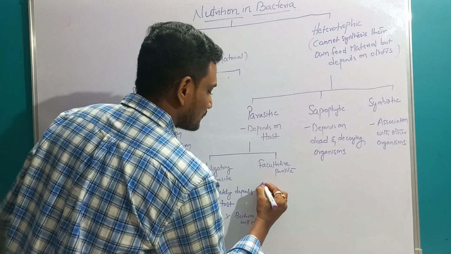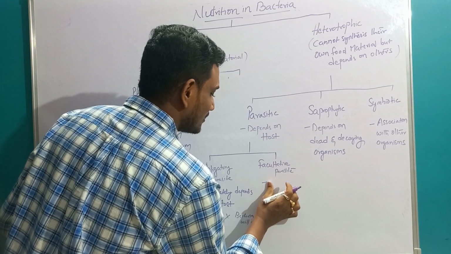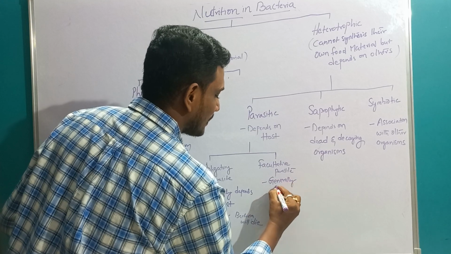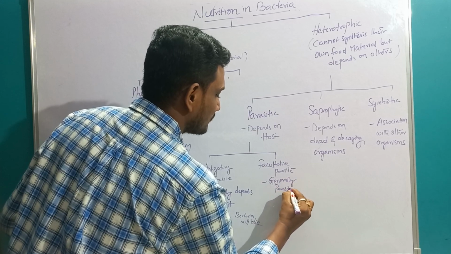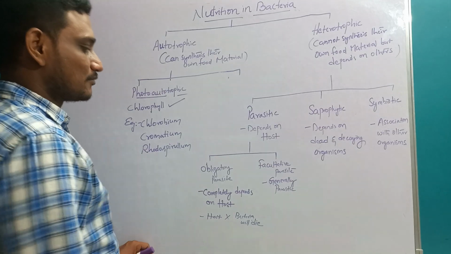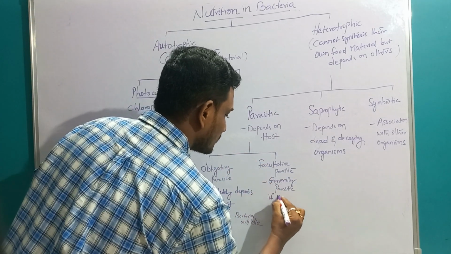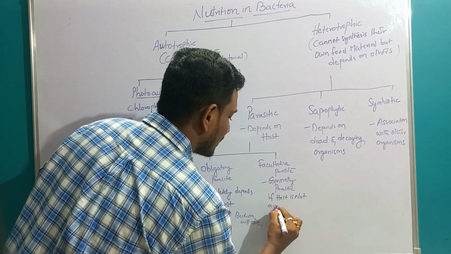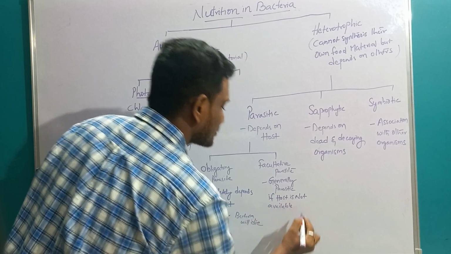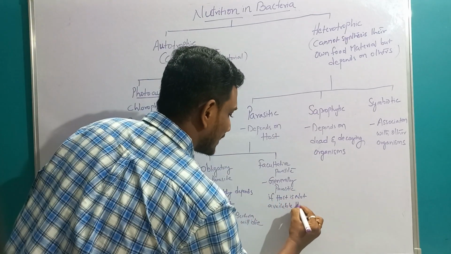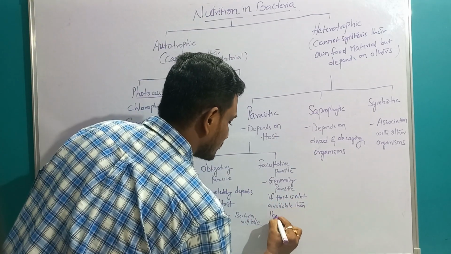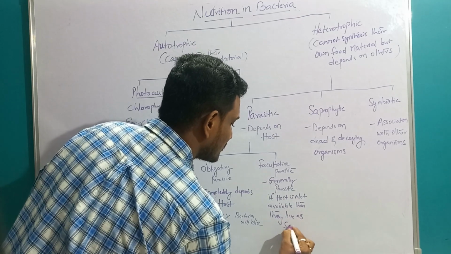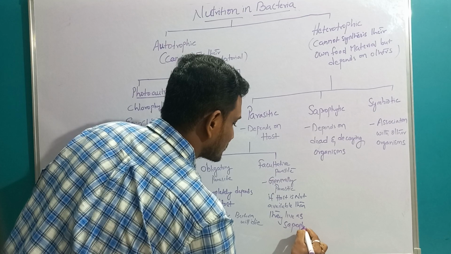Facultative means they are generally parasitic, but if the host is not available, then they live as saprophytes.